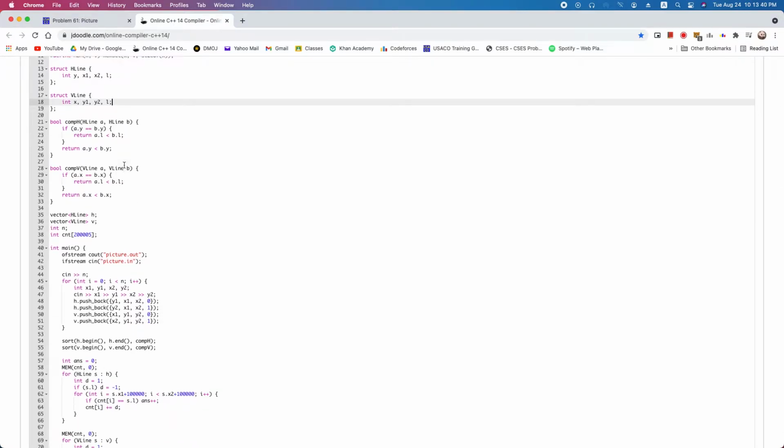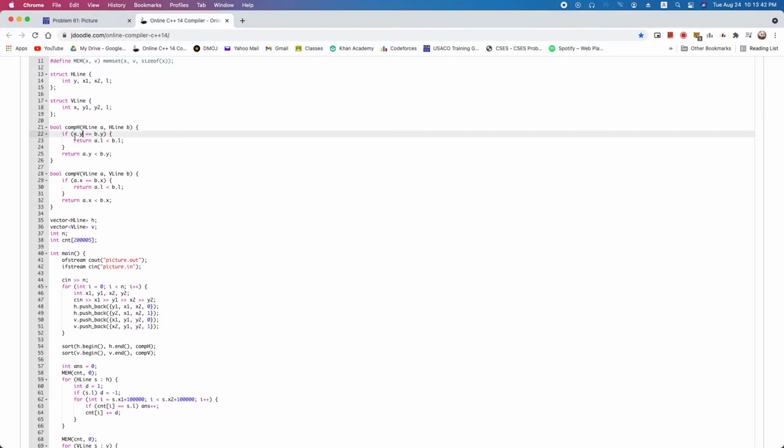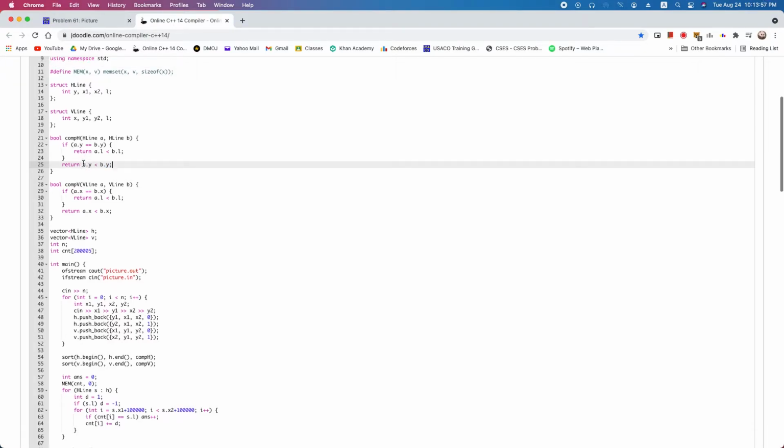So then here we will need to sort this later on. So I created two functions to compare different lines. For comparing horizontal lines, we should sort the lines in increasing order according to the y coordinate. So the y coordinate should be smallest in the beginning and then greatest in the end. But if there are ties, then we have to compare the starting and ending point.